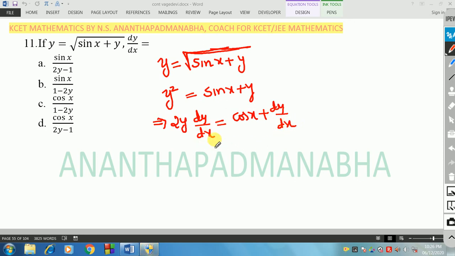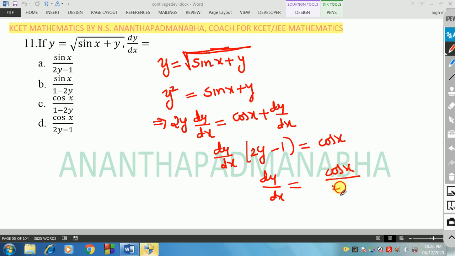Now we'll group the like terms, that is, dy by dx is taken common. We will get dy by dx into 2y minus 1 is equal to cos x, or dy by dx is equal to cos x by 2y minus 1, which is in option D. Option D is the right answer.